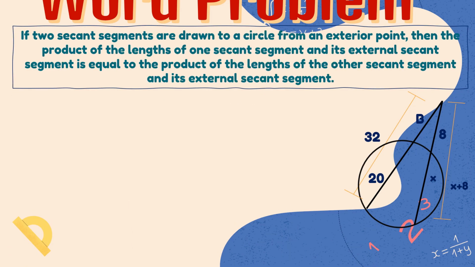According to the two-secant power theorem, if two secant segments are drawn to a circle from an exterior point, then the product of the lengths of one secant segment and its external secant segment is equal to the product of the lengths of the other secant segment and its external secant segment. Applying this theorem, we have 32 times 12 is equal to x plus 8 times 8.